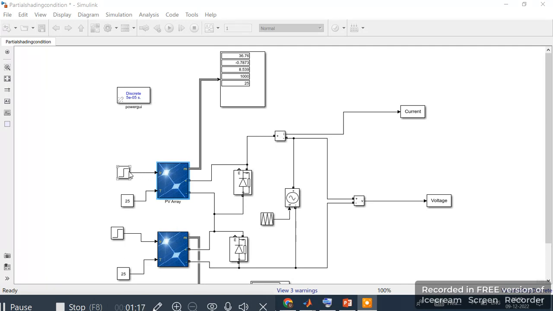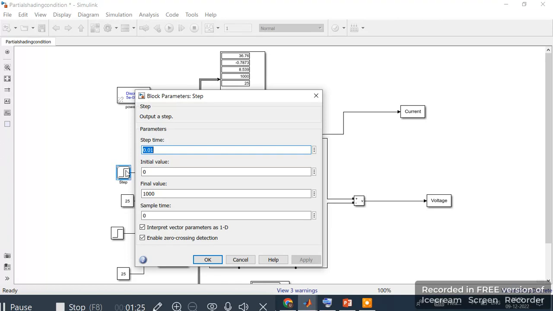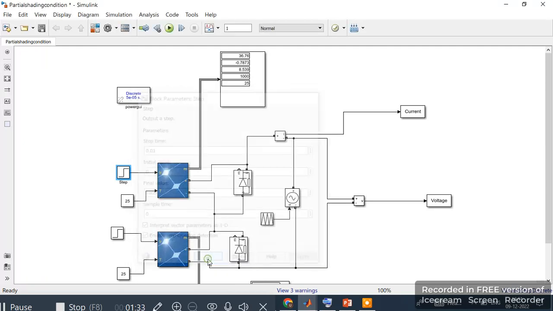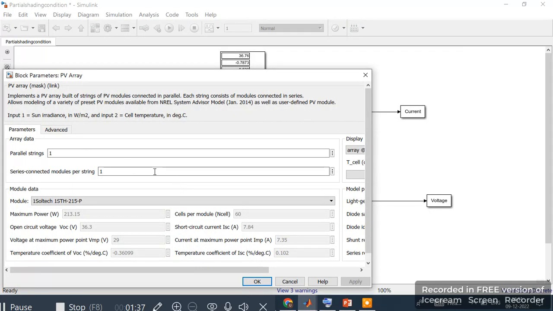And for input irradiation, I am using a step input. So for the first PV array, the step input final value is 1000, which implies 1000 watts per meter square as the irradiation. Both PV arrays are chosen with these block parameters.